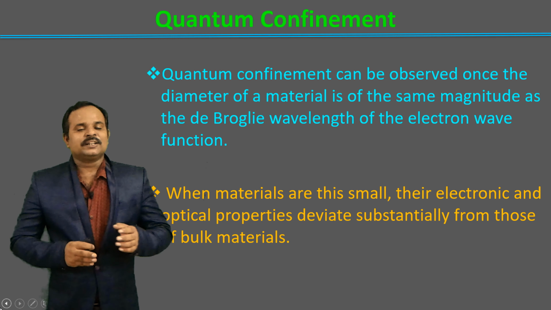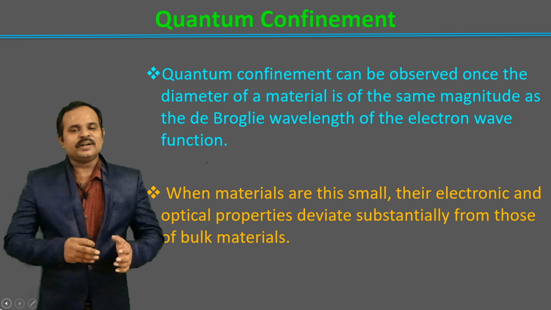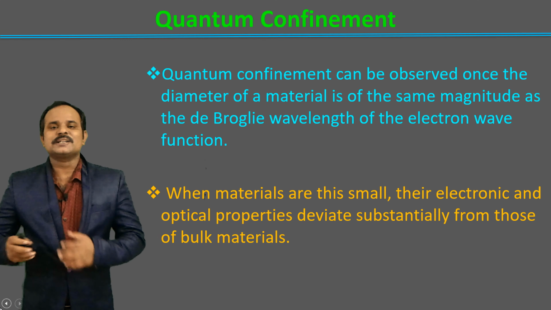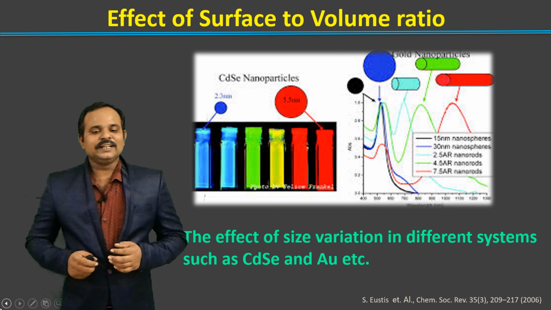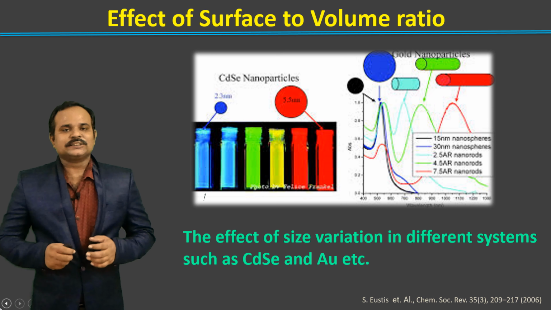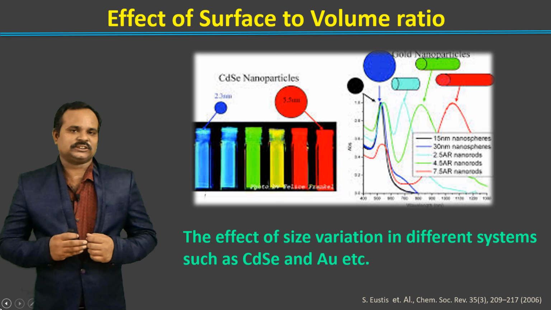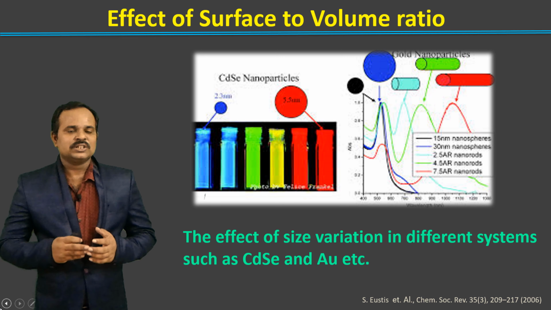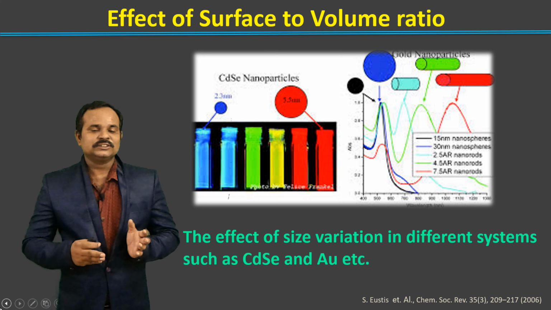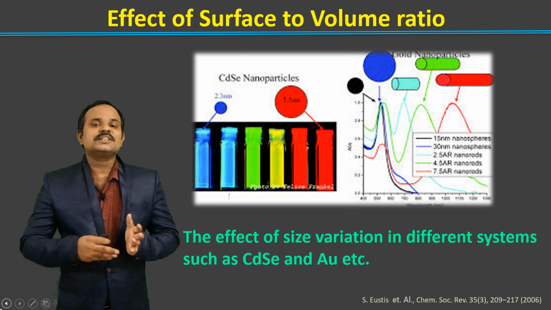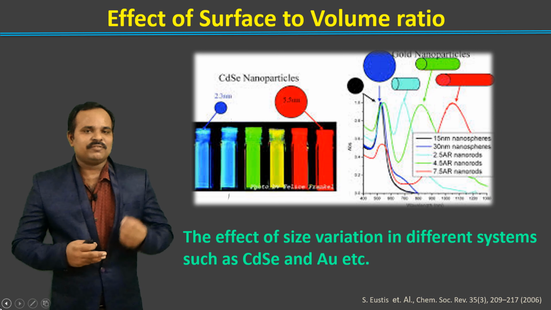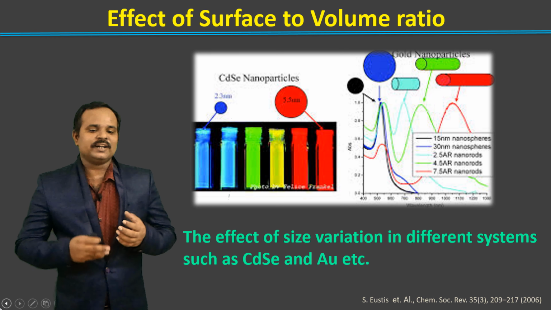Let's see the effects of the quantum confinement and surface to volume ratio with some examples. As you can see in the picture, these are cadmium selenide nanoparticles with varying size. As you can see, as the particle size changes, the color of the liquid is also changing. For every different size of the particle, it has a different color.